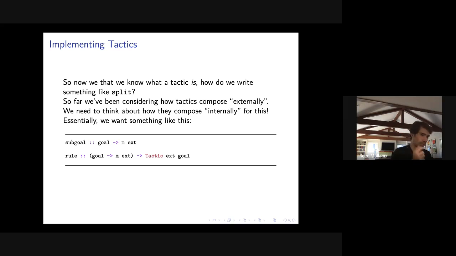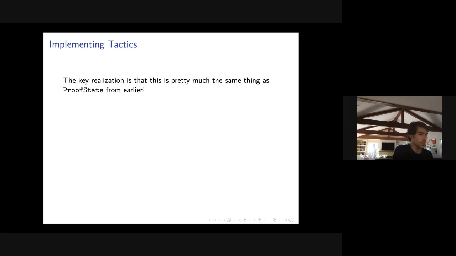The name rule is meant to prod you to the fact that your tactic should be the atomic judgment rules of your type theory, but don't worry about that. And the key realization, and this is the last piece of machinery, is that this is basically the same thing as proof state from before, but instead of focusing on that goal bit, we're going to focus on that extract bit.